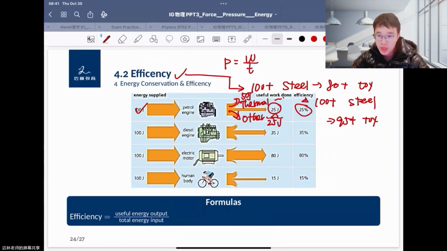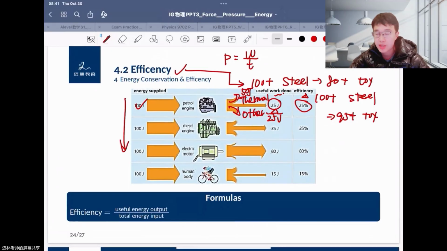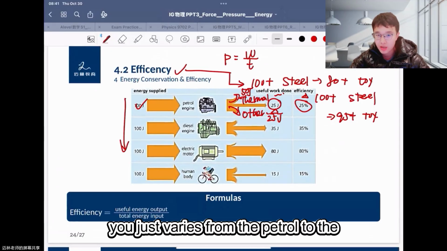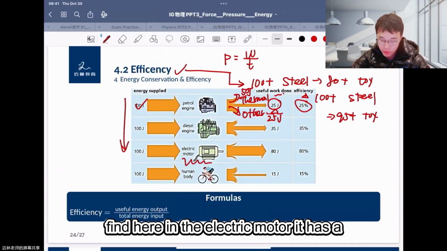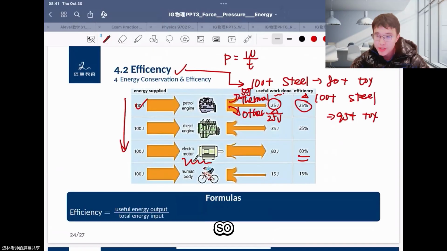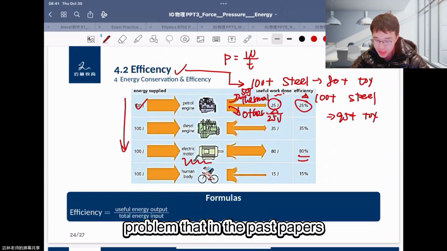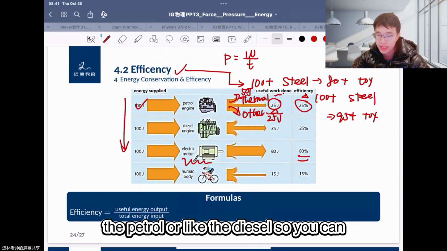Okay. So as the energy categories increase, you vary from petrol to diesel to the electric motor, and you can find the electric motor has a very high efficiency, right? I remember a problem in the past papers that asked why an electric motor can replace petrol or diesel.